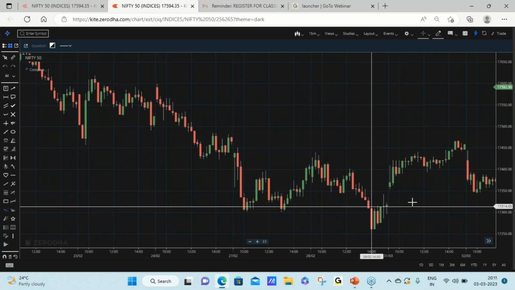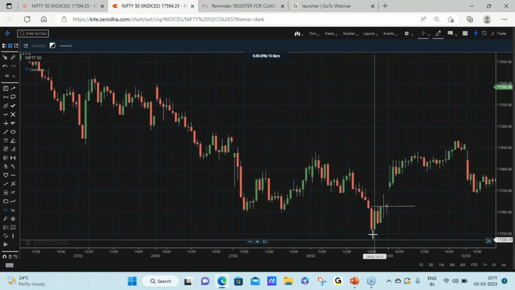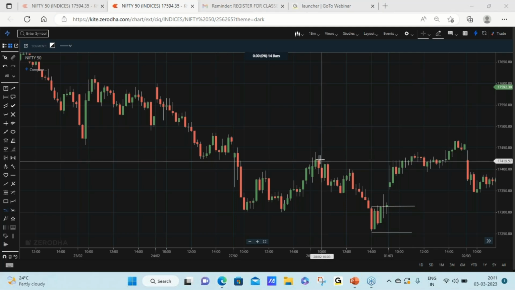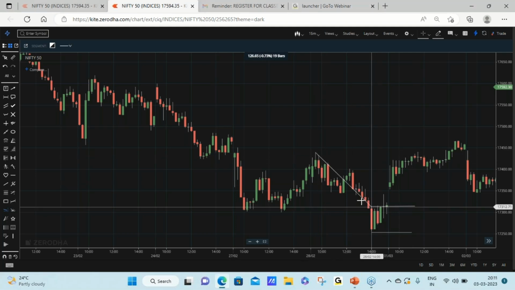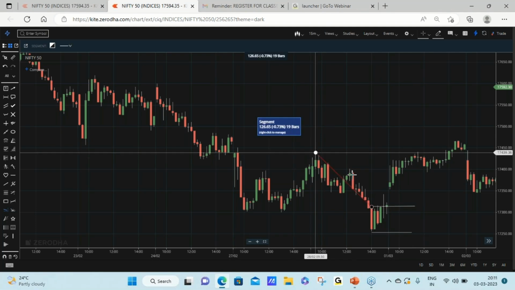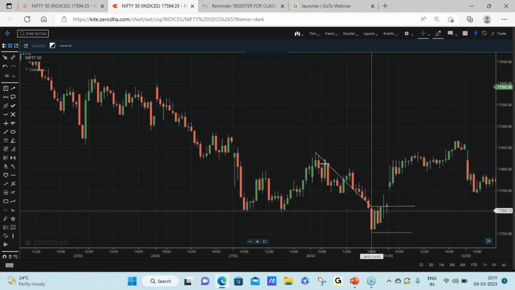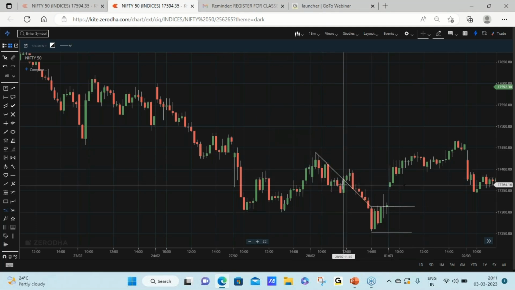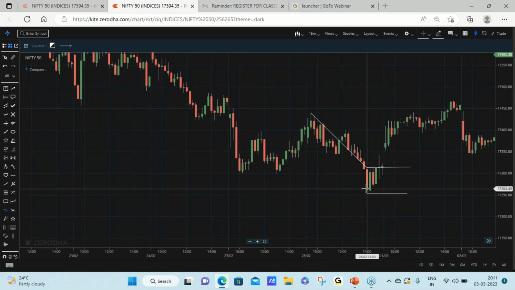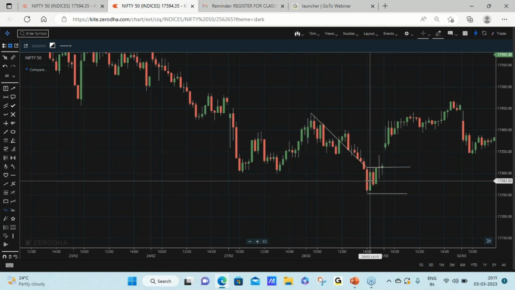See, we have a very good example here in Nifty 50. Do we have a preceding downtrend here? Yes or no? Yes. Do we have these two candlestick patterns? Mother candle is red in color and child candle is green in color.